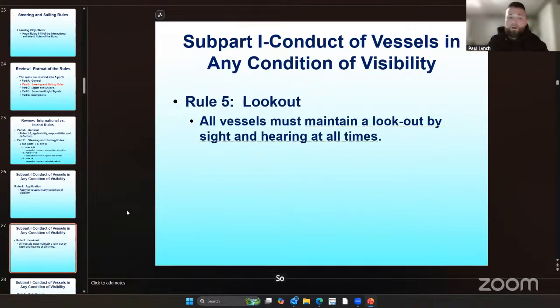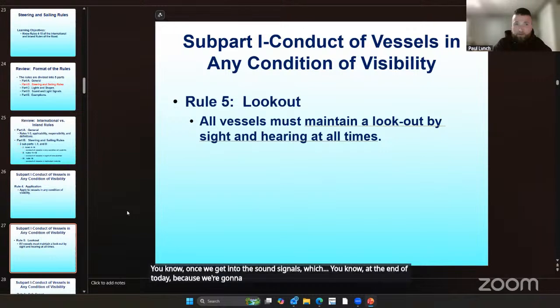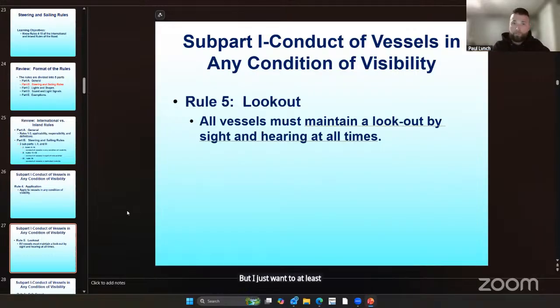So at all times, you must maintain a proper lookout through sight and hearing. Now, especially in fog, once we get into the sound signals, which we'll do at the end of today, because we're really going to get into that Thursday, I'm not gonna show it to overwhelm you guys, but I just want to at least explain the one big slide of sounds. Not for you guys to memorize it at all, but just to introduce you to it.